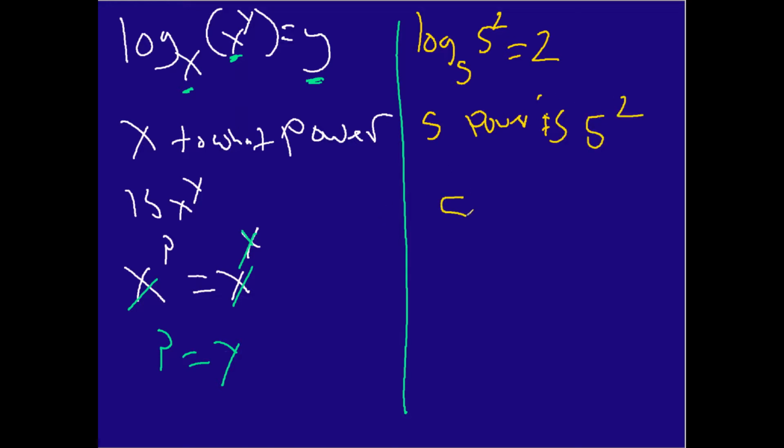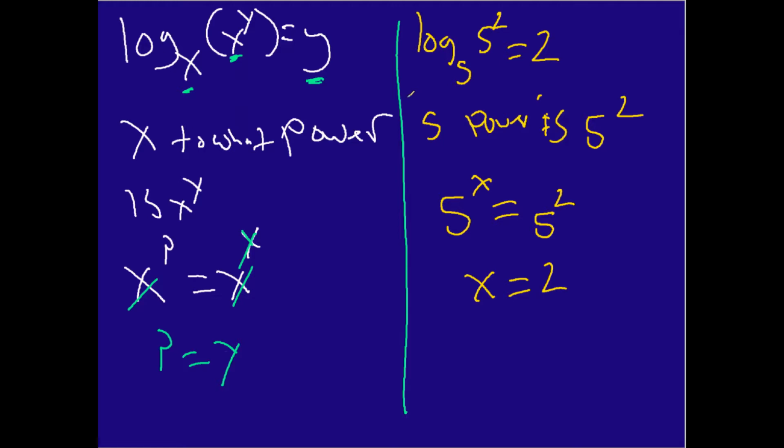In other words, if I did it like this, 5^x equals 5 squared, they have the same base, so x equals 2. That's what's happening. So when you have the logarithmic base and then the whole number there, when they're the same and it's raised to an exponent power, they kind of eat each other, and you're only left with the exponent as the actual answer.